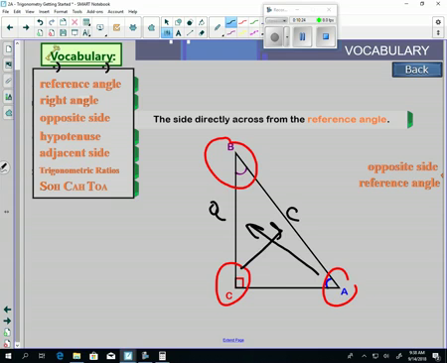For side B, it's opposite the B angle, and we use small letter b. Okay. So if I'm talking about angle A, my side opposite is here. If I'm talking about angle B, the side opposite is here. You notice they're different sides. A is opposite A, B is opposite B.